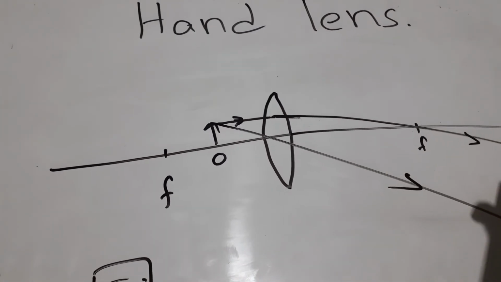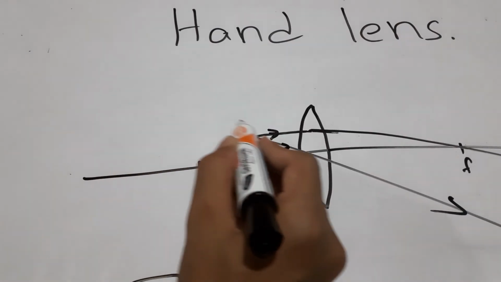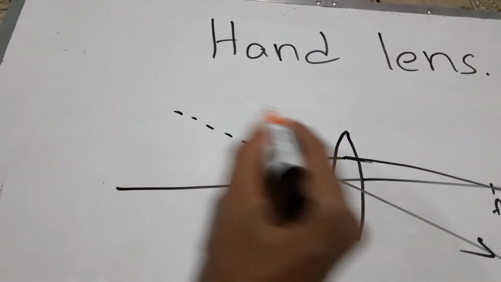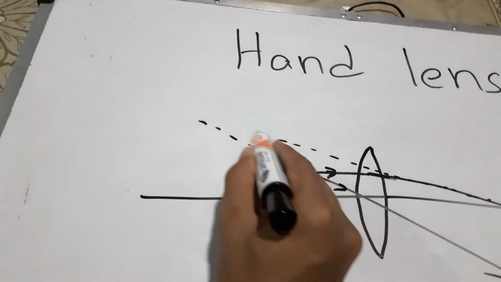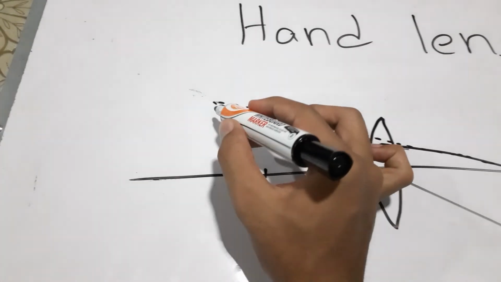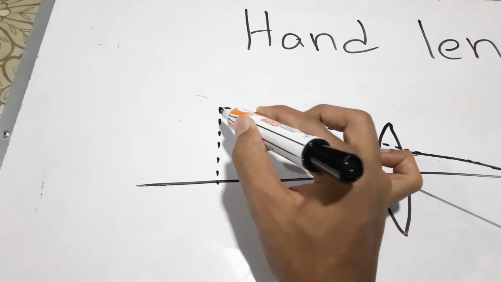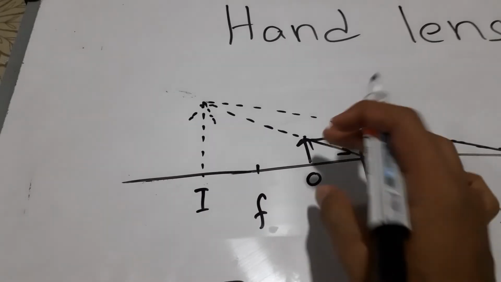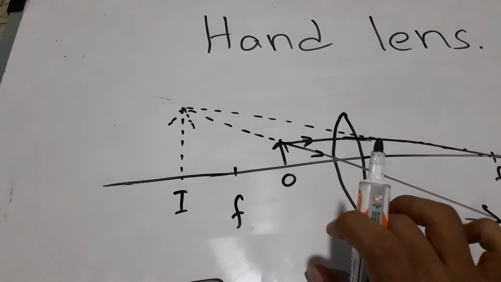These two light rays will not meet. So what we are doing is extending these light rays backwards. If we extend them, you will see that an image is formed here that is larger than the object, a virtual image.